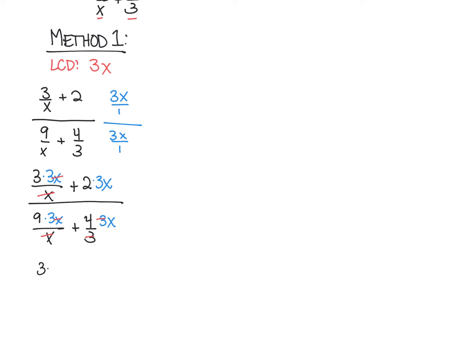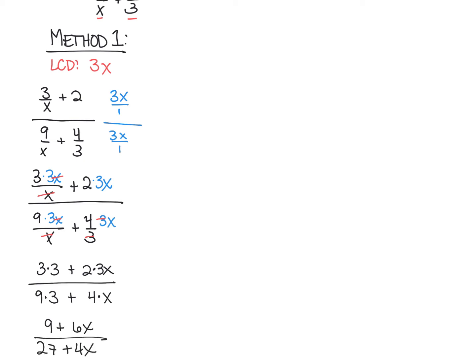I'll go ahead and write what I'm left with: 3 times 3 plus 2 times 3x all over, and I'm left in here 9 times 3 plus 4 times x, and that's what I'm left with. So I'm left with 9 plus 6x over 27 plus 4x.